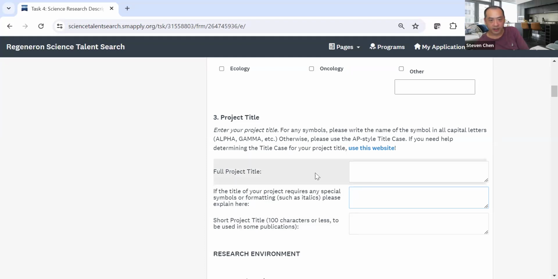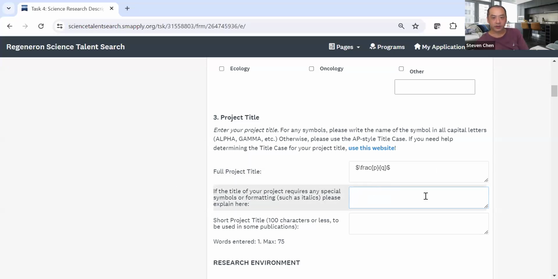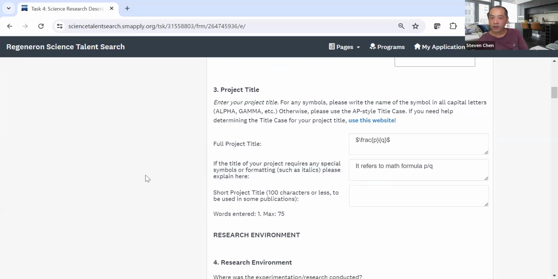For instance, if I compile my file using LaTeX, I may have, say, the fraction P over Q, right? This is the LaTeX code for the fraction. Then here you have to explain, so it refers to the math formula P over Q. Okay, sounds good. All right.